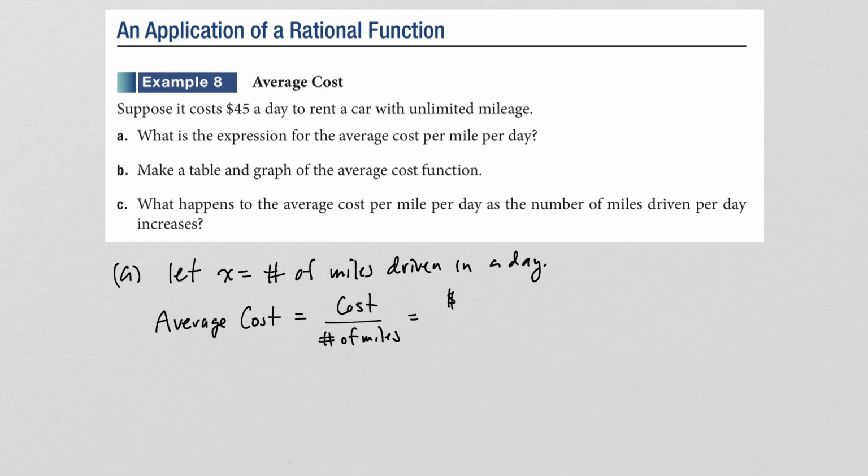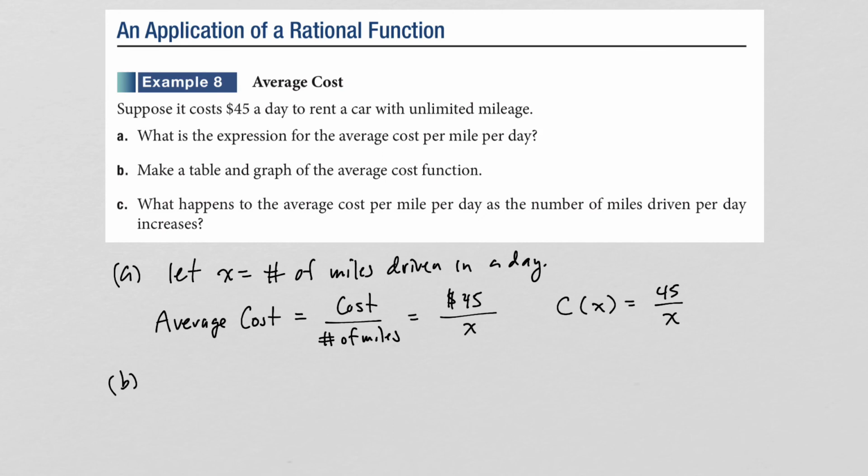Well, we know the cost is $45 per day, and the number of miles driven, we just said, is x. And so the average cost, we'll call that C of x for cost, is 45 divided by x.